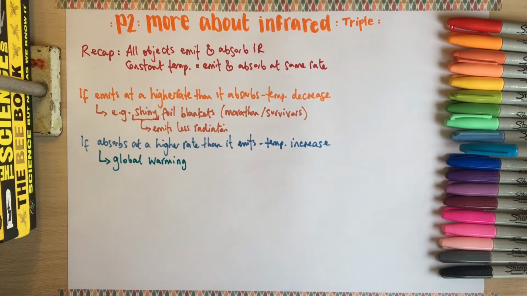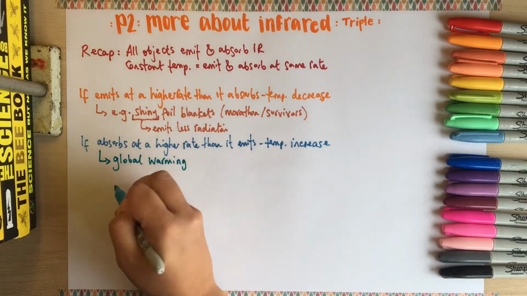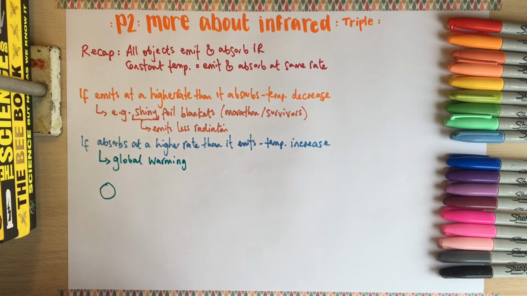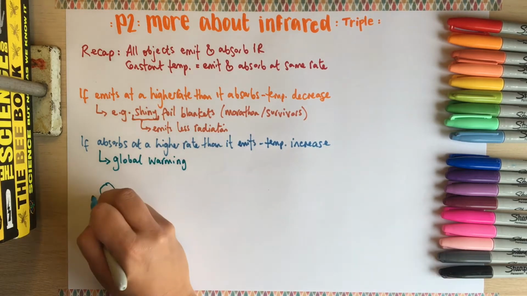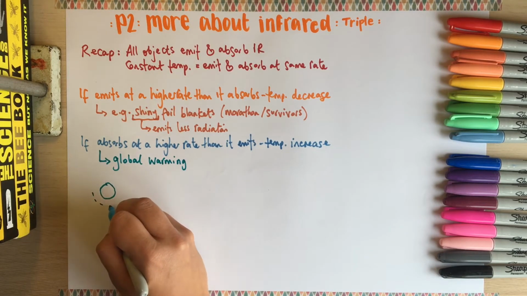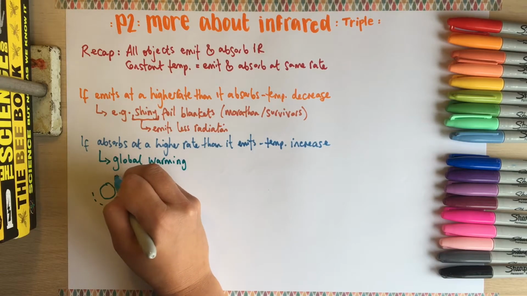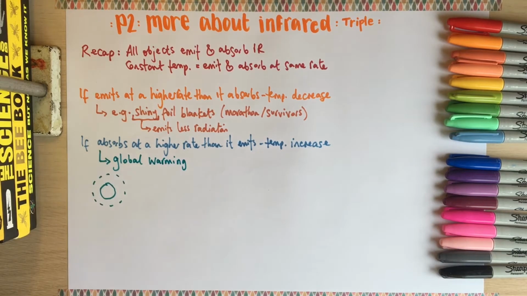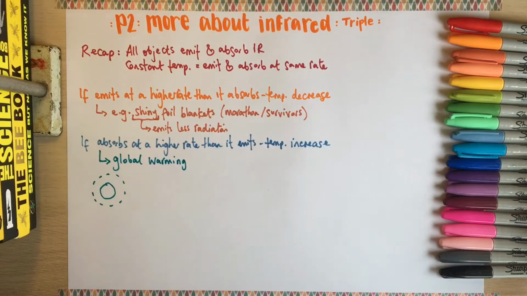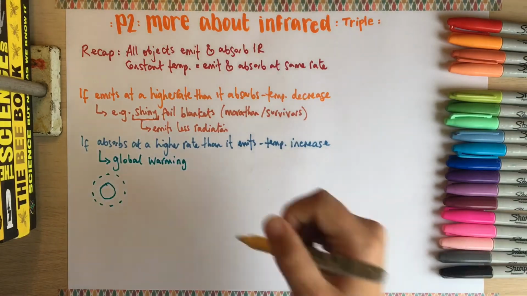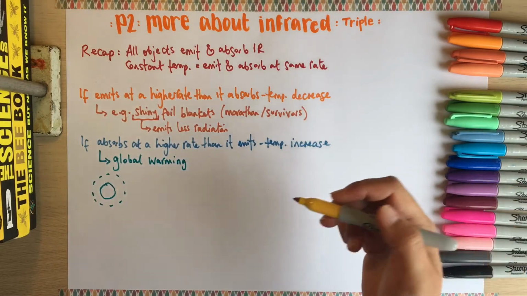So let's imagine that we have the Earth, and the Earth around it has an atmosphere. Okay, so let's think about what we know. We know that lots of radiation comes from the sun.